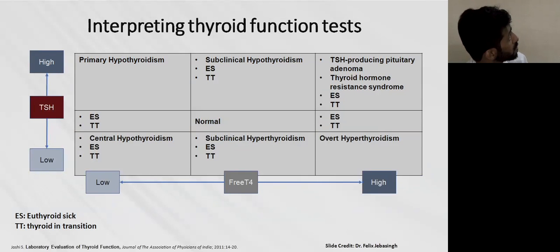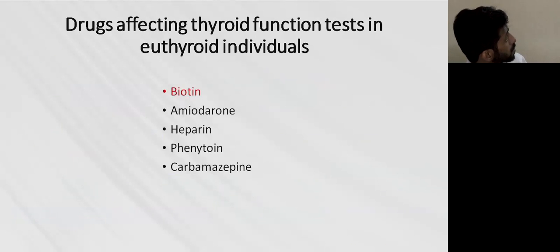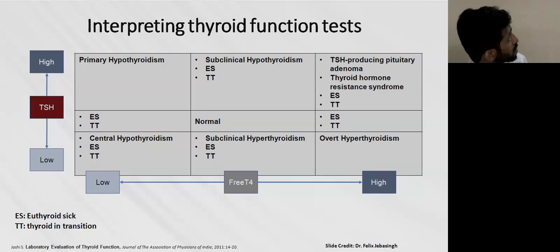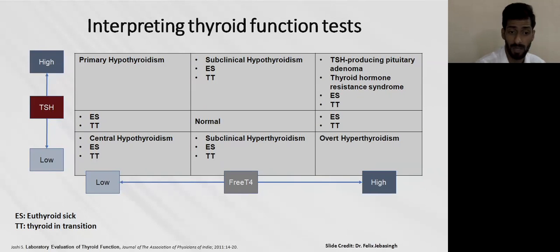So if you have a high TSH and a low FT4, it is very clearly primary hypothyroidism. If you have a low TSH and a low T4, then the cause is secondary or a central hypothyroidism.